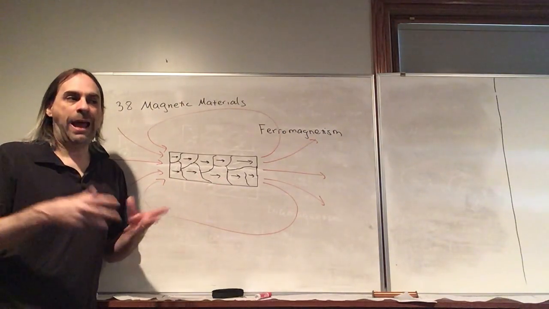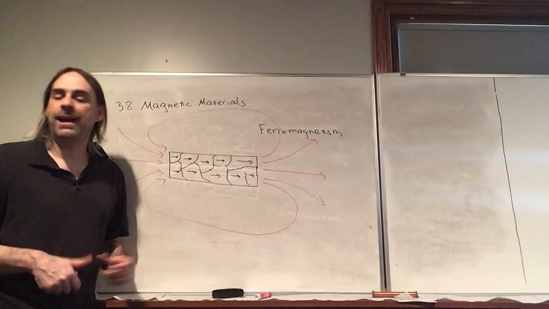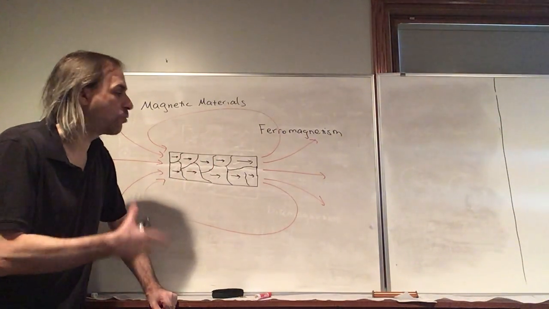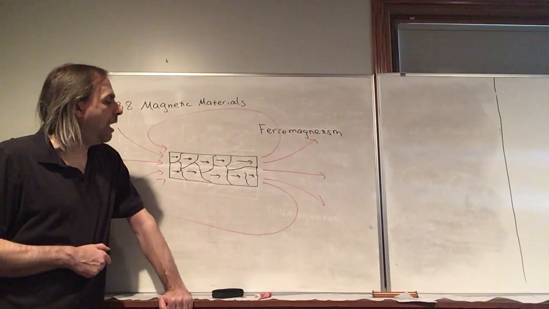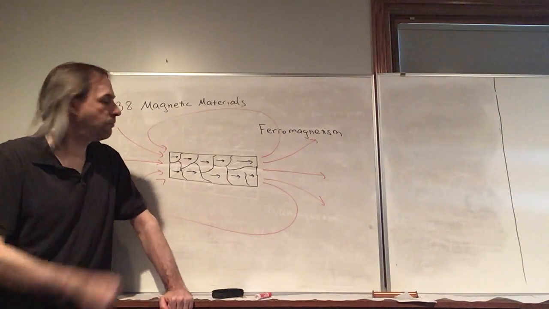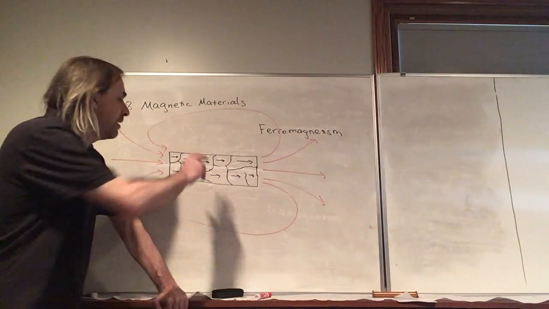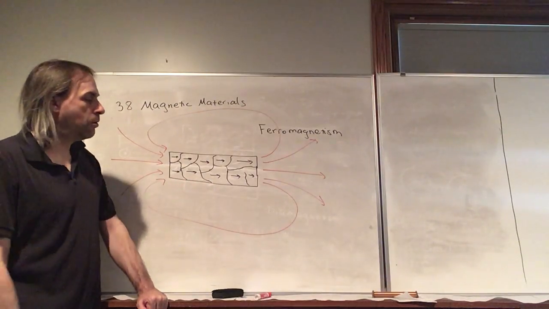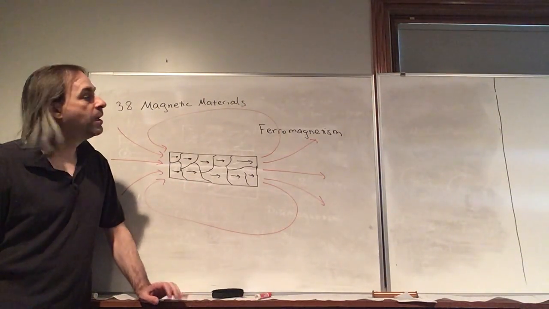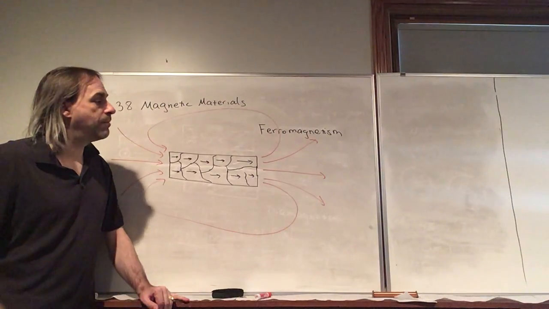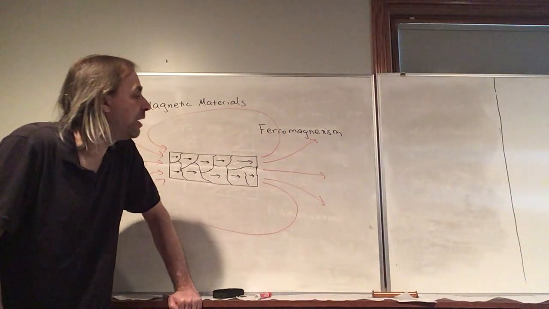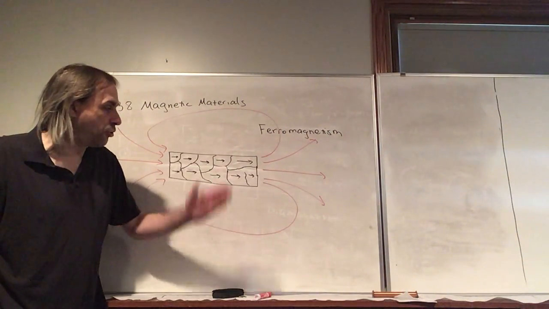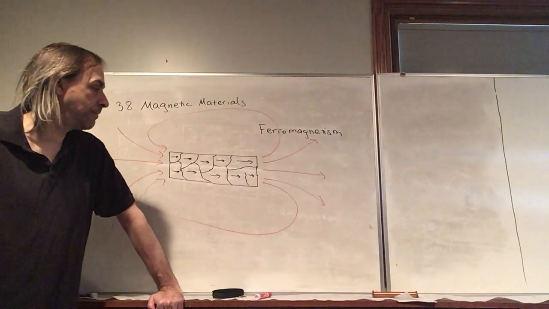Remember, you're adding thermal energy which causes the atoms to oscillate more violently, and they can lose this arrangement. They can be randomized with heat. I think dropping it, if you give it a violent shock, could also destroy this orderly state. But typically, if you just leave a permanent magnet alone, it'll remain magnetized. So that's a very important distinction between ferromagnetism and paramagnetism. This external field will continue to exist.